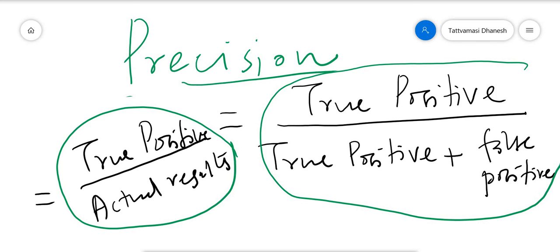Actually, precision, as I told, gives what proportion of positive identifications was actually correct. That's what precision defines.